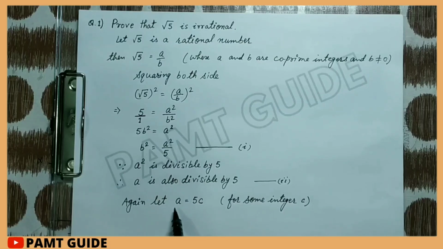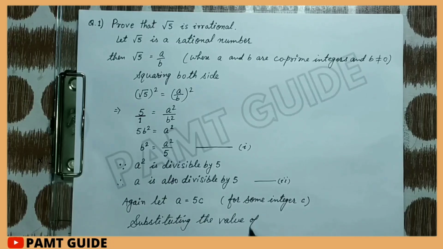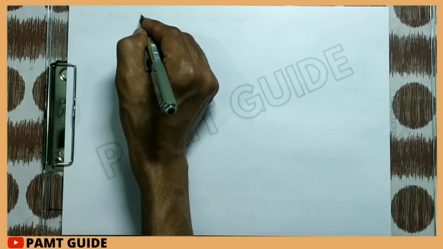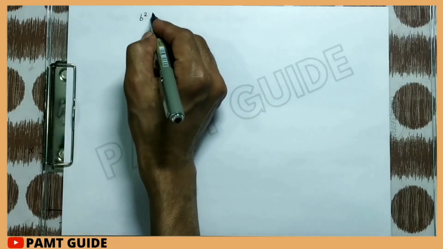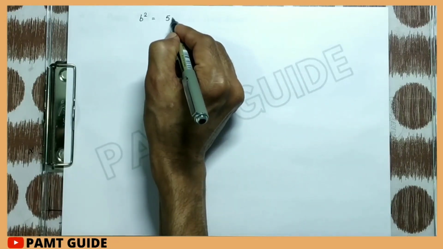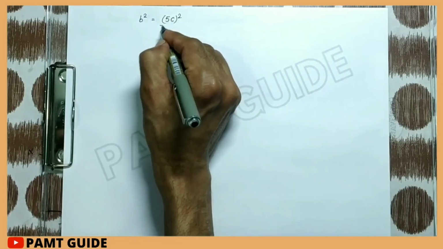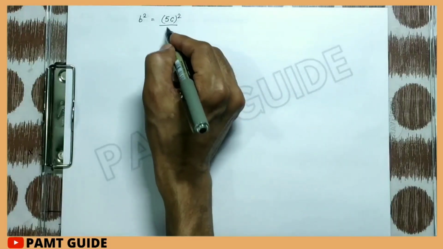Now substituting the value of a in equation 1, then b square equals (5c) square upon 5.